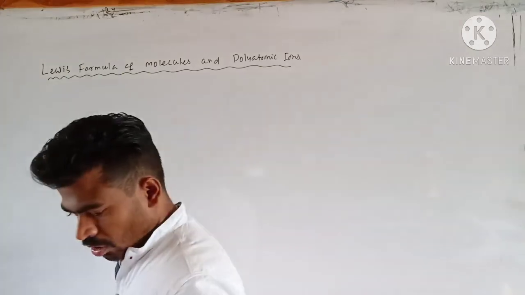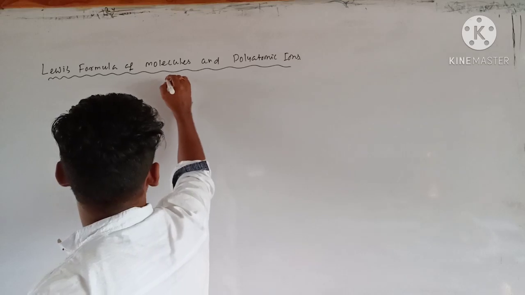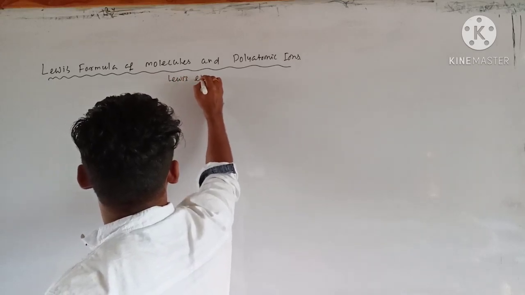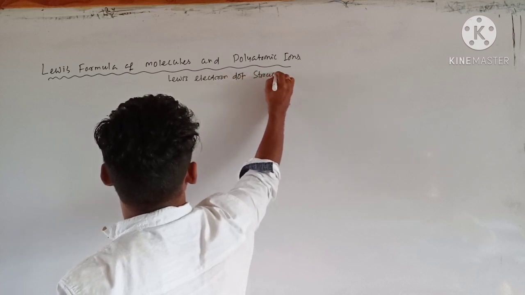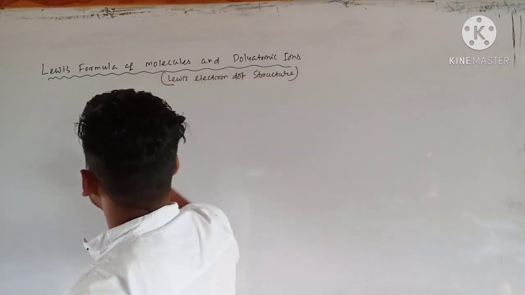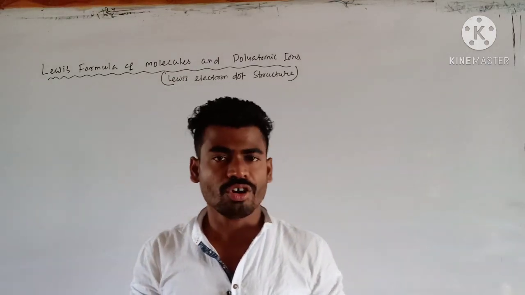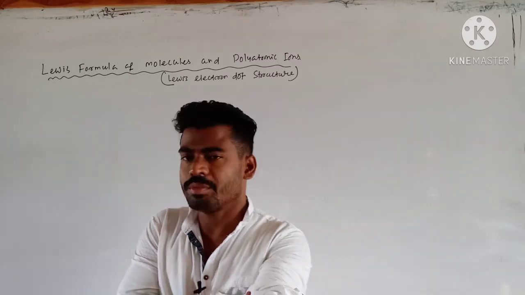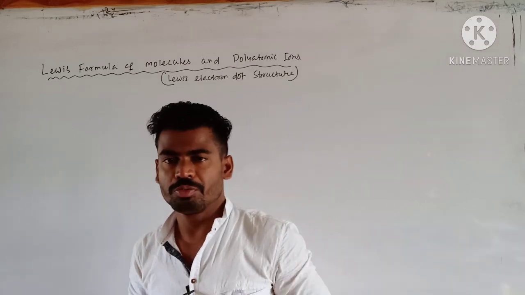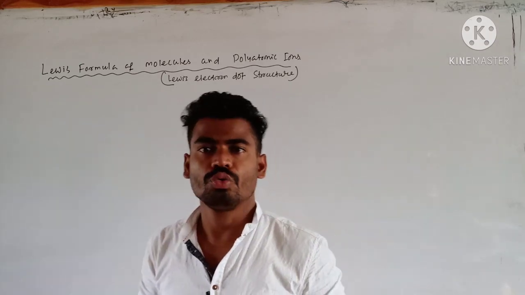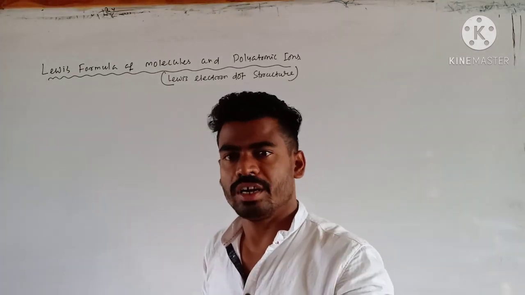That is also called the Lewis electron dot structure, and a few steps are there. These steps are not applicable to all the polyatomic ions or molecules, but these are some general procedures for the attempt to draw the Lewis electron dot structure of molecules and polyatomic ions.